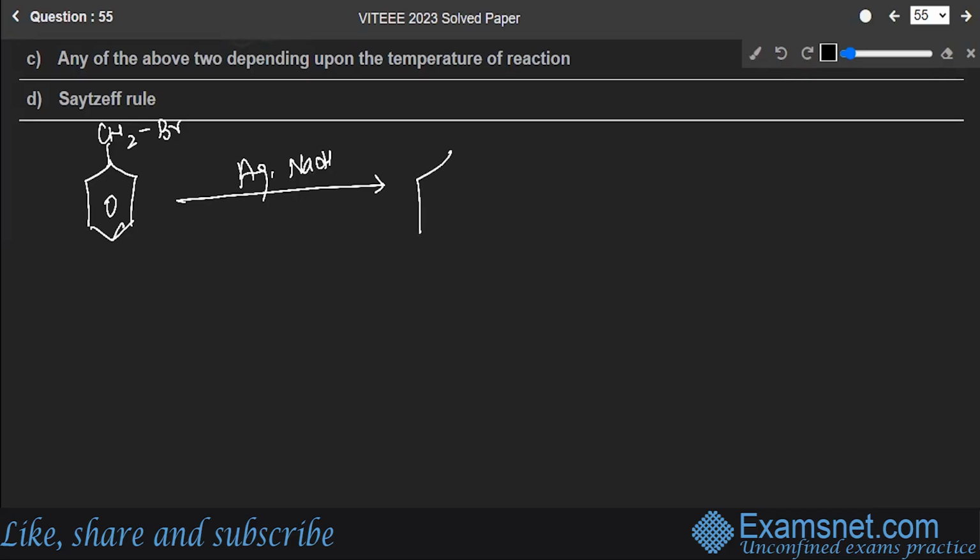First of all, the intermediate, let's write it over here. C6H5CH2+ is formed, which is a more stable carbocation because of resonance.